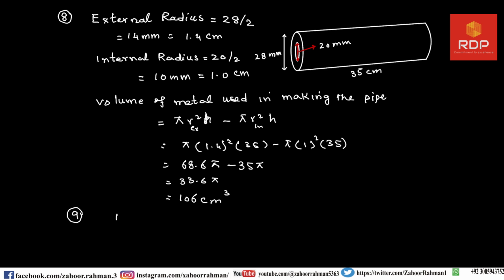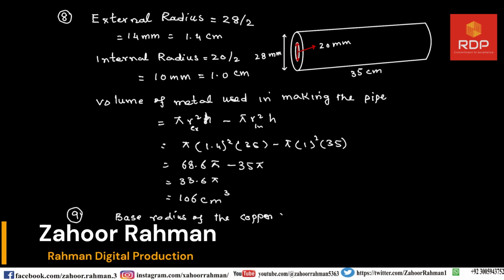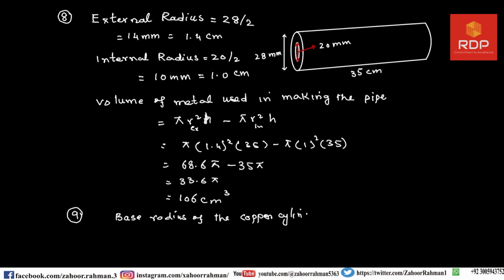First we have to find the base radius of the copper cylinder, and the diameter given is 14. So we divide it by 2 to get the radius, because the radius is half of the diameter.